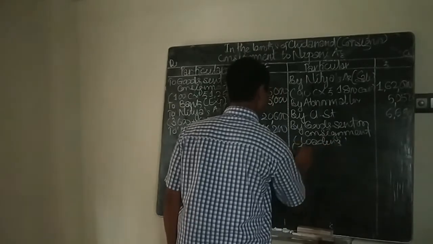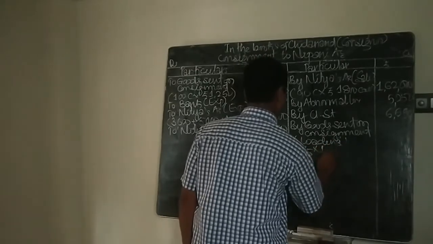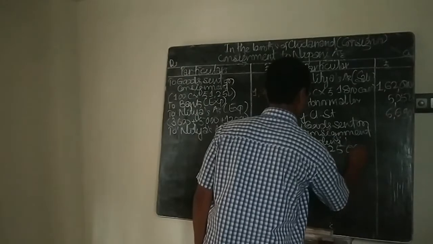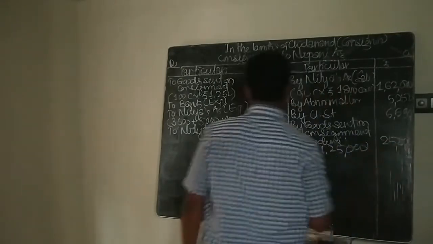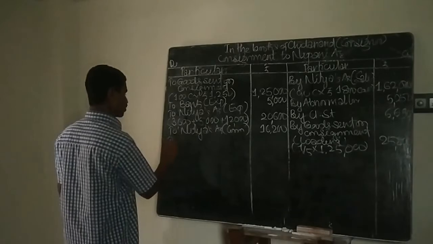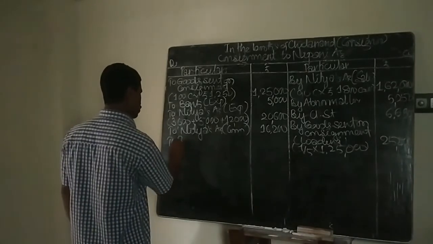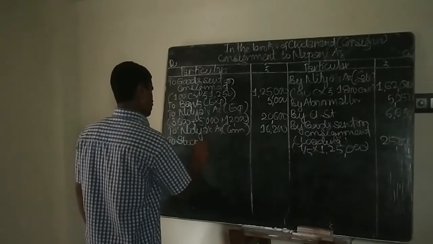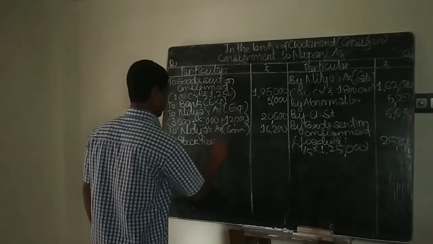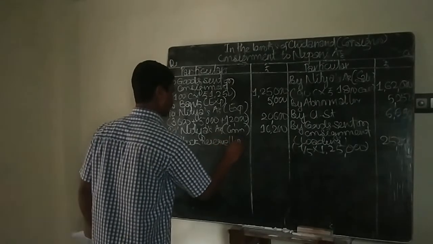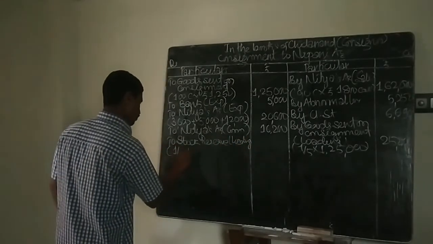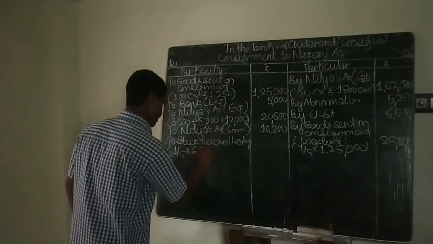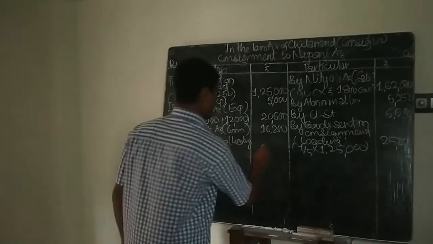So 1/5 of rupees 1,25,000, which comes to 25,000 here. When you remove loading which is in the closing stock, enter the consignment account to stock reserve account. In the bracket you write loading. So 1/5 of rupees 6,250, so it comes to here 1,250.